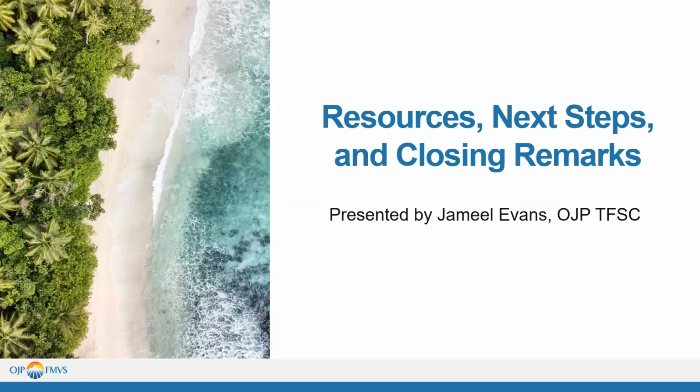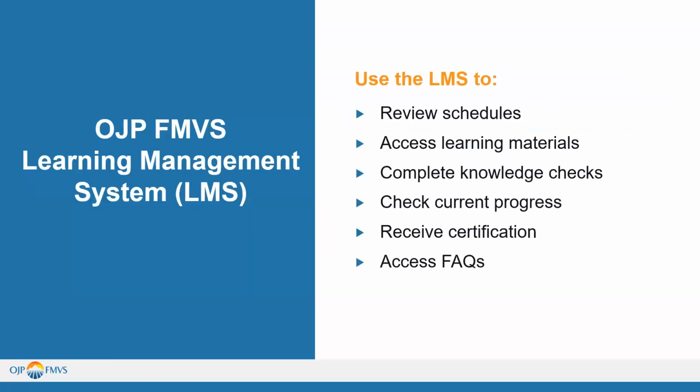So let's review some final tips and takeaways from today's session. The OJP FMVS Learning Management System, or the LMS, we can use this to review schedules, access learning materials, complete knowledge checks, check on current progress, receive certification, and access FAQs.